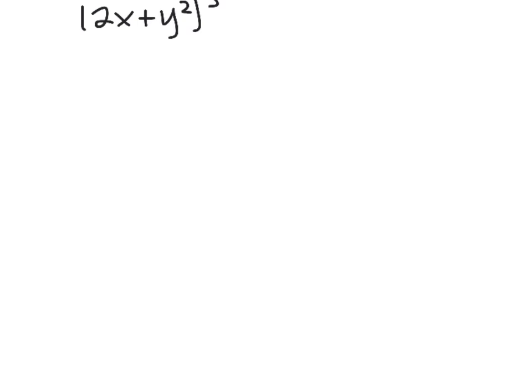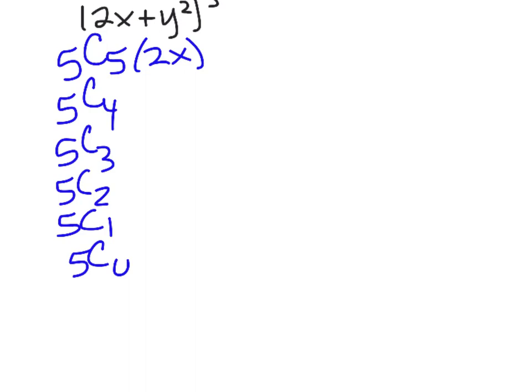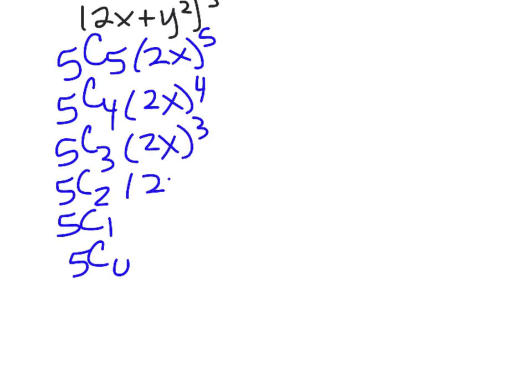Alright, so we're going to start with 5. So it's going to be 5C5, and then 5C4, going all the way down to 0: 5C3, 5C2, 5C1, and 5C0. And then p is the first term, which is 2x, so it'll be 2x to the 5th, 2x to the 4th, 2x to the 3rd, 2x squared, 2x to the 1st, and 2x to the 0.